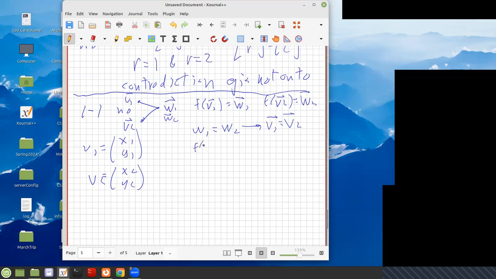This is the same as f of v1 equals f of v2. So I can't pick out two arbitrary elements here and find the same ones here.